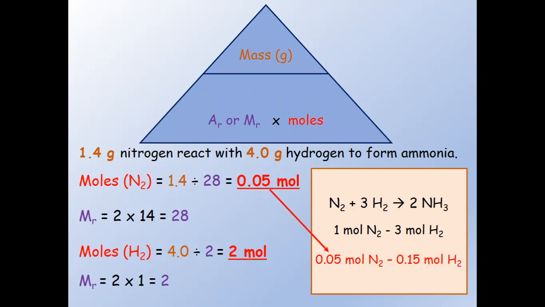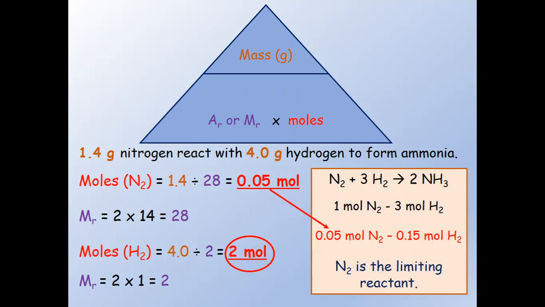So if we take the 0.05 mole of nitrogen that we have, that would mean that to react this completely we need 0.15 mole of hydrogen. However, we have much more hydrogen than that. We have 2 mole, so hydrogen is in excess, and this means that nitrogen N2 is the limiting reactant here.